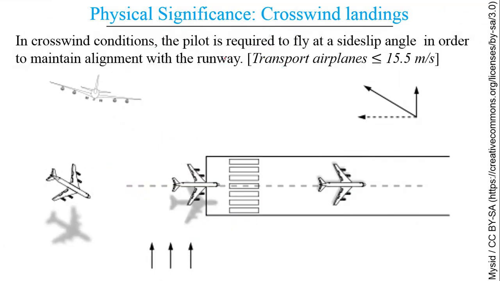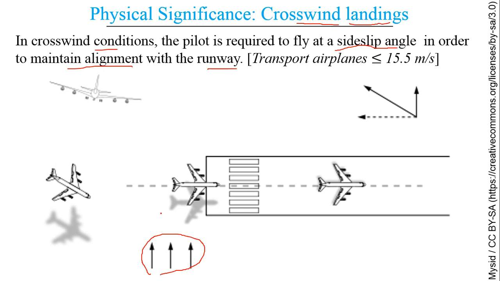What is the physical significance of this side slip, and why do pilots perform it? As I said, it is majorly used for crosswind landings. You can see in some footage, the aircraft is landing at some particular angle instead of landing straight onto the runway. So in crosswind conditions, the pilot is required to fly at a side slip angle in order to maintain alignment with the runway.